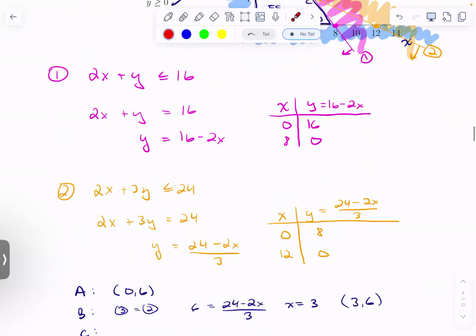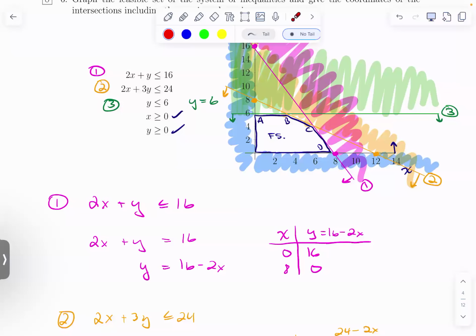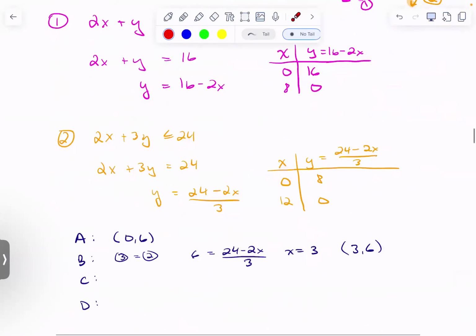C was at the intersection of 1 and 2. So where 1 is equal to 2, so 16 minus 2x is equal to 24 minus 2x over 3.